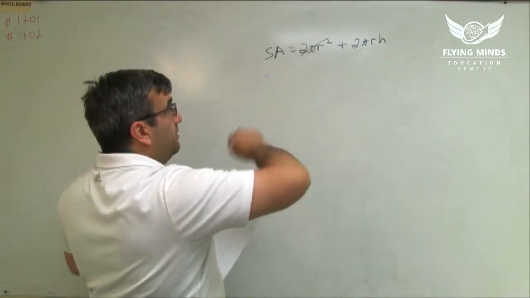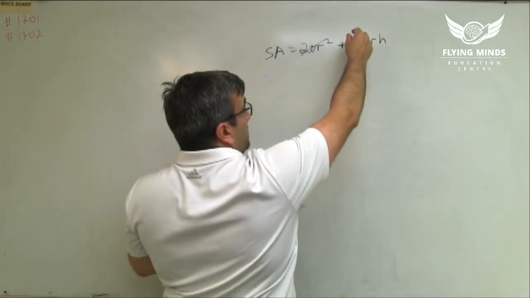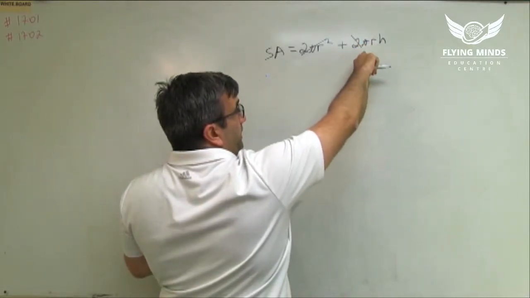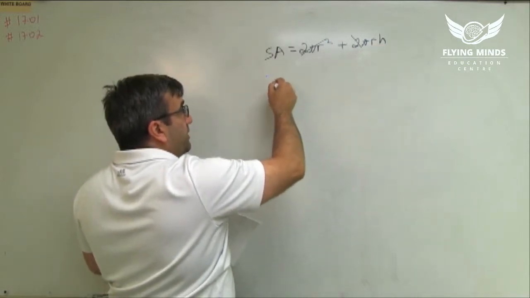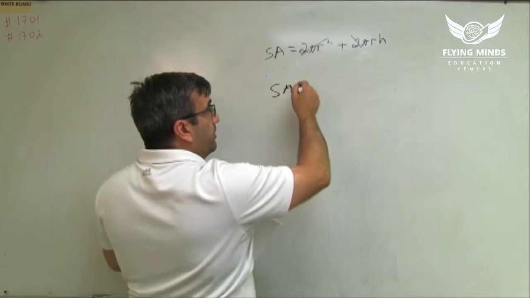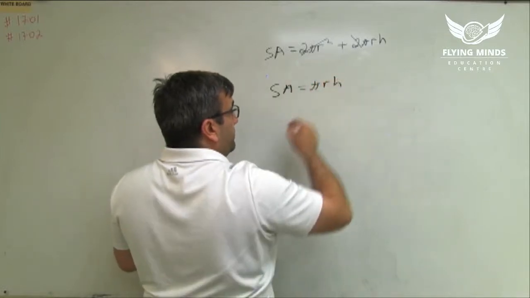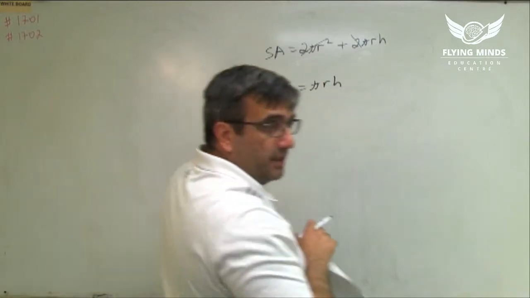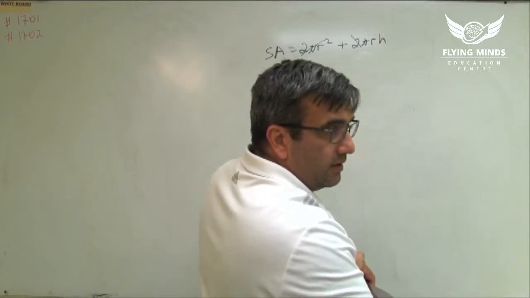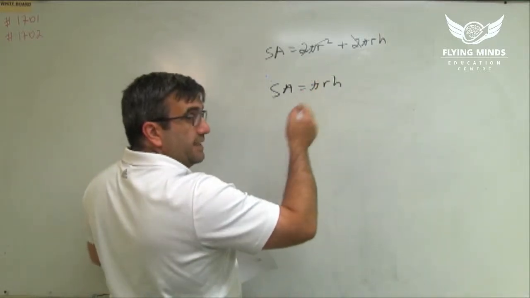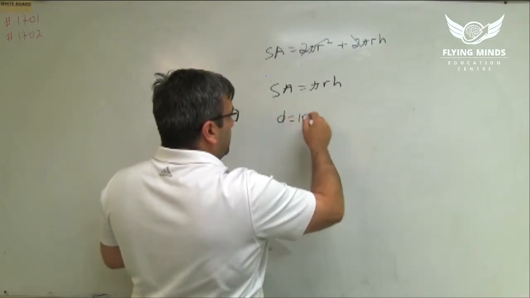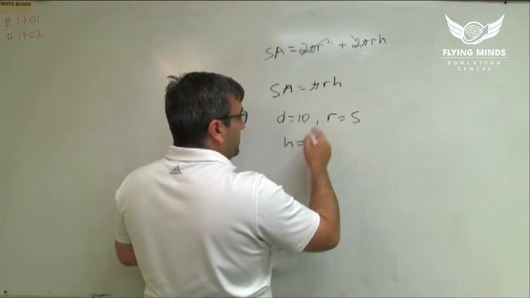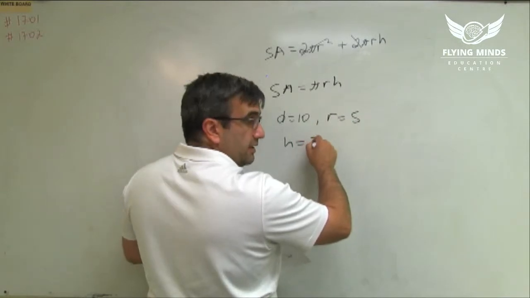But we have half, so we divide it by 2, so 2 and 2 cancel each other, and we have pi r h. So the surface area of this half pipe will be pi r h. The diameter is 10, so the radius is 5 and the length or height is 20.